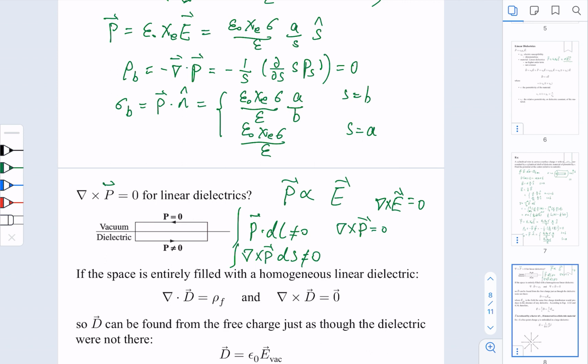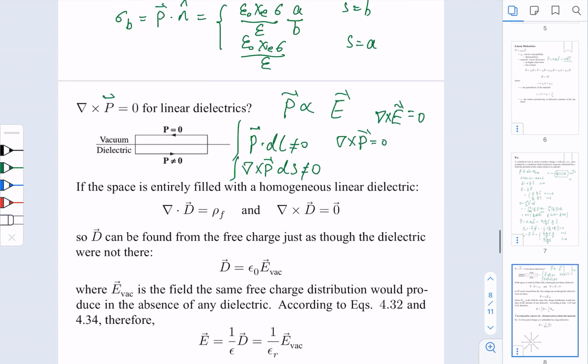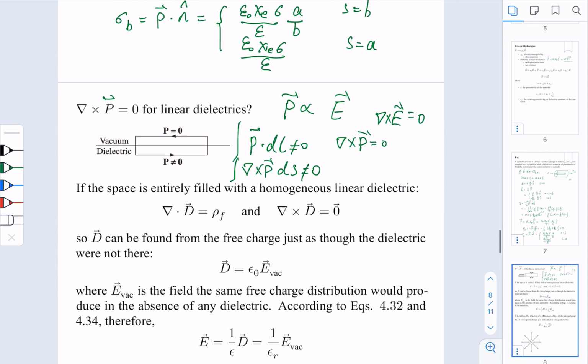So this means that we can find out the D field in two steps. We can calculate the E field as if there are no dielectric materials, and then the D field for that case should simply be epsilon naught times E vacuum.